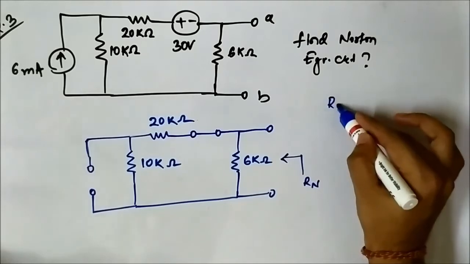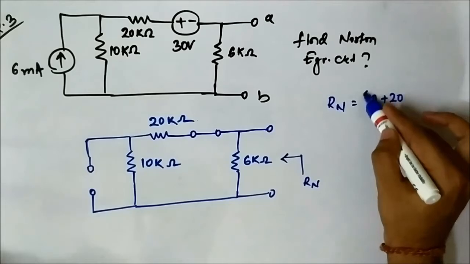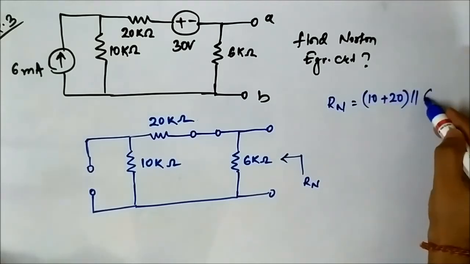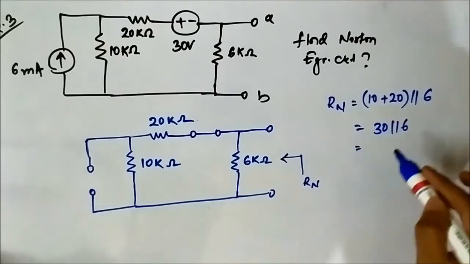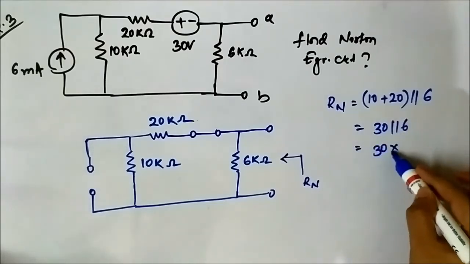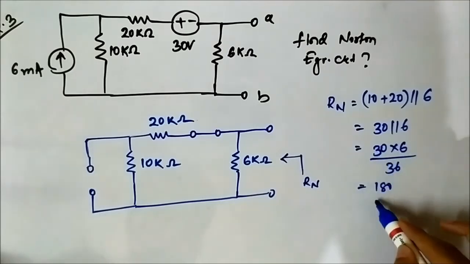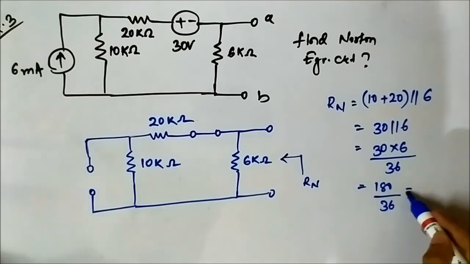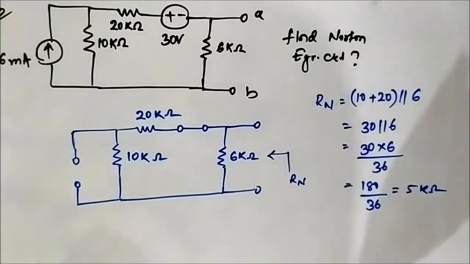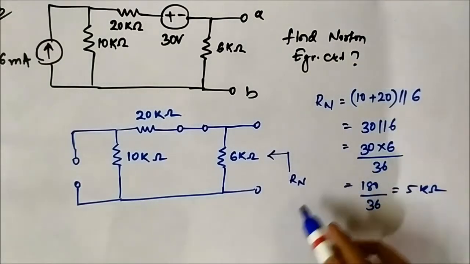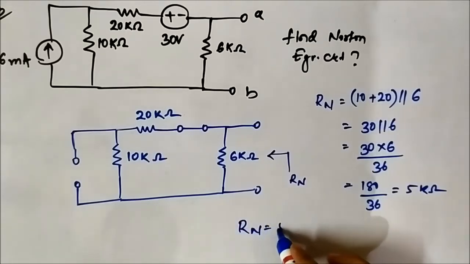So Rn is equal to 10 plus 20 parallel 6, which is 30 parallel 6, which is 30 into 6 by 36, which is 180 divided by 36, which is equal to 5 kilo ohm. Okay. So the Norton equivalent resistance is equal to 5 kilo ohm.